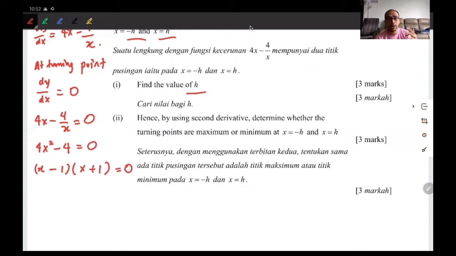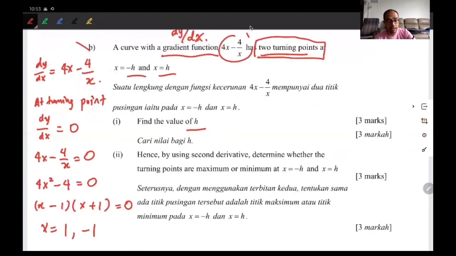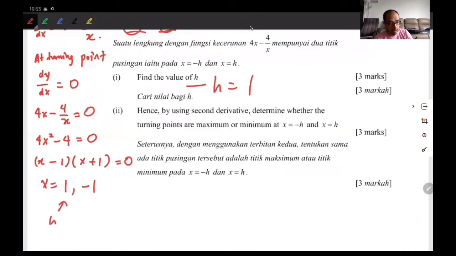You just have to factorise, you don't even have to bother with this one. So I'll get x equals 1 and negative 1. So what do you think is the value of h? h is equal to 1, because negative h is negative 1. So this will be h, this will be negative h. So h is equal to 1.